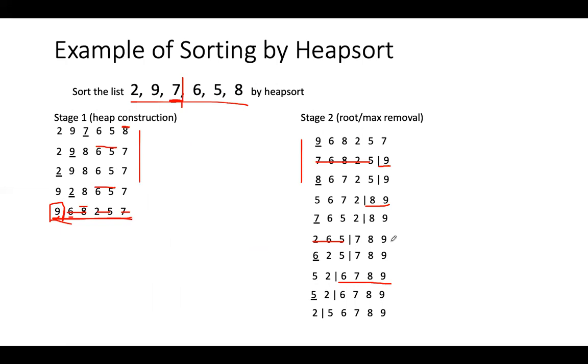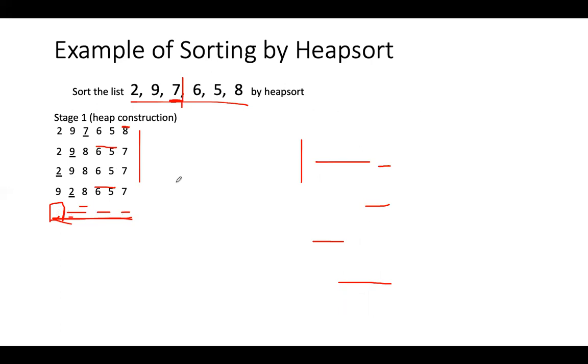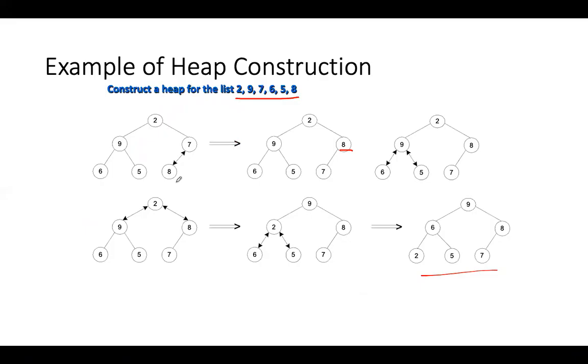In exam, they may give you a list of elements and ask you to apply heap sort. So do it step by step. You solve it like this, and also try to solve it using the tree. As I explained using the tree in the previous slide, that also you write down.